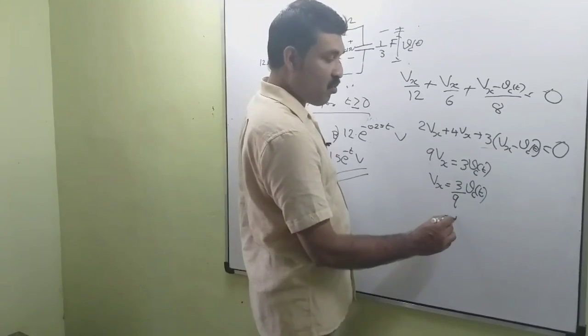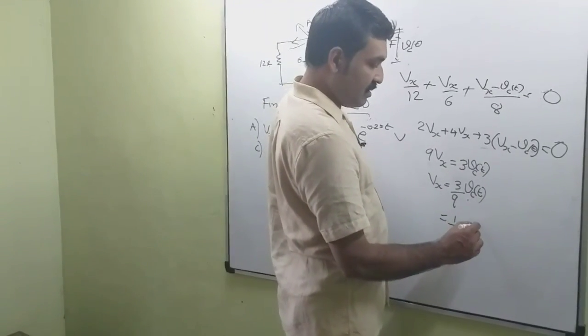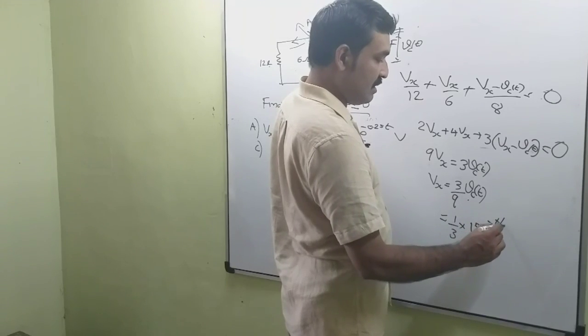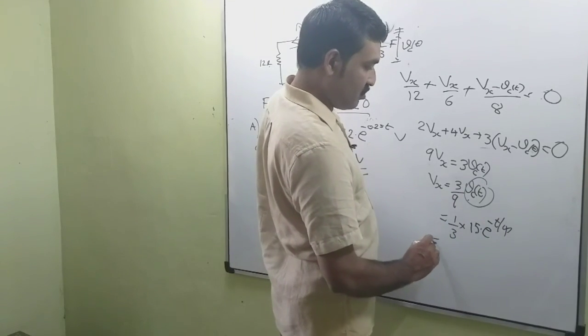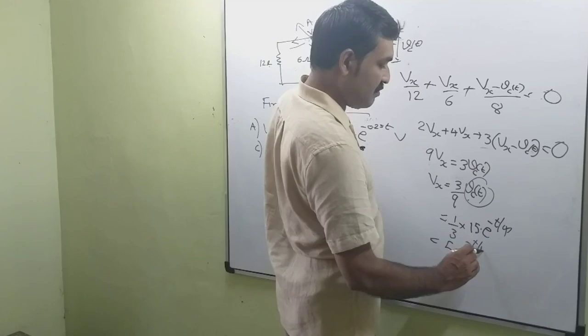That is equal to 1 by 3 Vc(t). Vc(t) we have already found as 15 into e raised to minus t by tau. This is our Vc(t). So this is equal to 5 into e raised to minus t by tau.